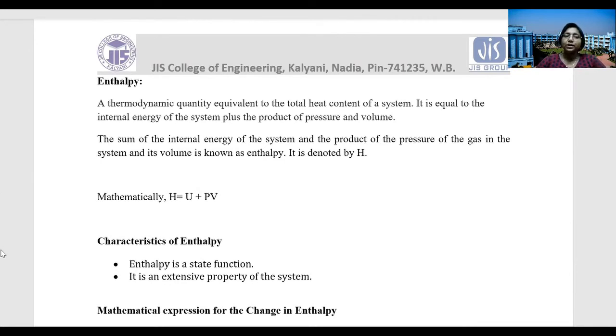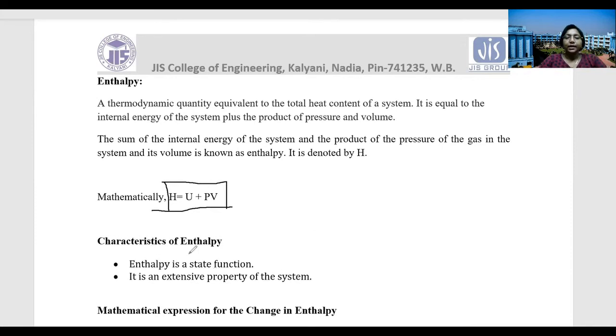It is equal to the internal energy of a system plus the product of pressure and volume. So by definition, enthalpy is equal to internal energy plus the product of pressure and volume. That is very important. It tells about the total heat content of a system.